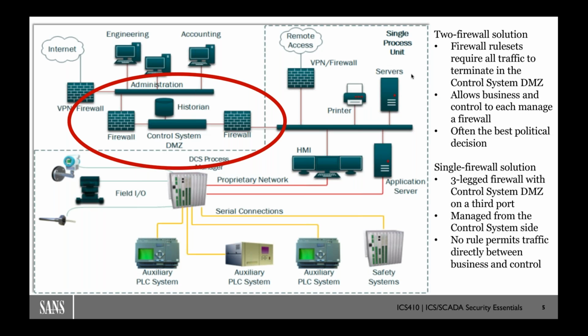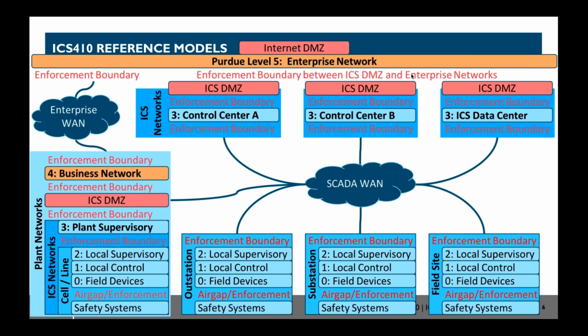Now let's take this a little step further. What we've done inside of ICS 410 is try to take the guidance from the Purdue model, from 62443 and from 800-82 and start combining them together into a more detailed view.